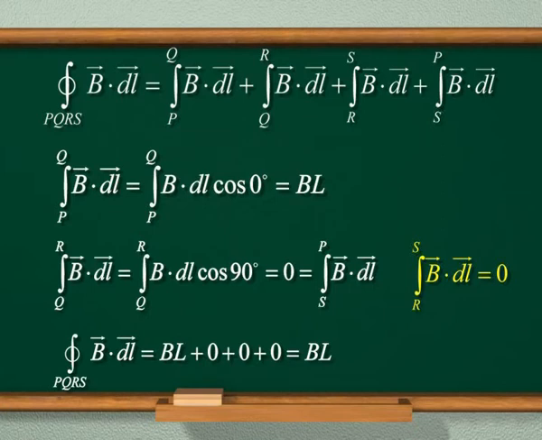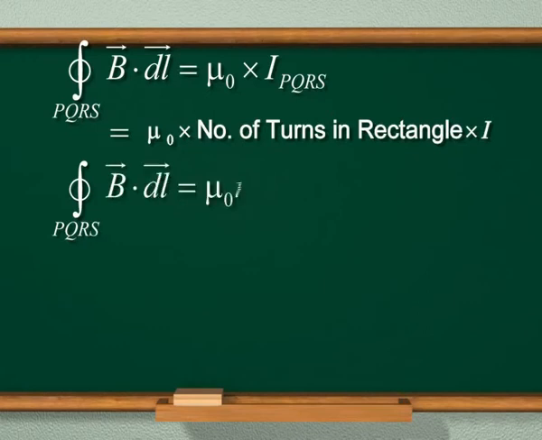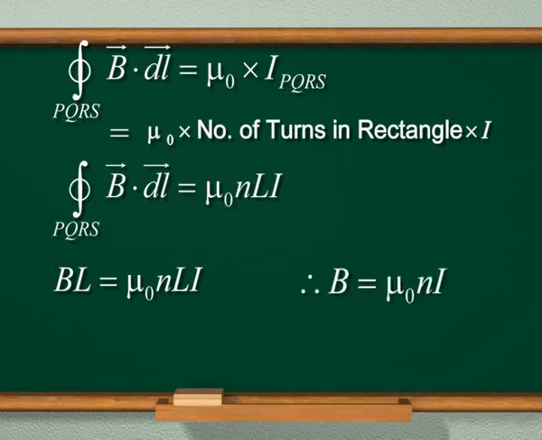However, according to Ampere's circuital law, it should be equal to mu naught times the total current through PQRS, that is, mu naught into the number of turns in the rectangle into current I, that is, mu naught n L into I. This gives BL equal to mu naught n L I. Therefore, B is equal to mu naught n I. This gives the magnetic field induction at a point well inside the solenoid.